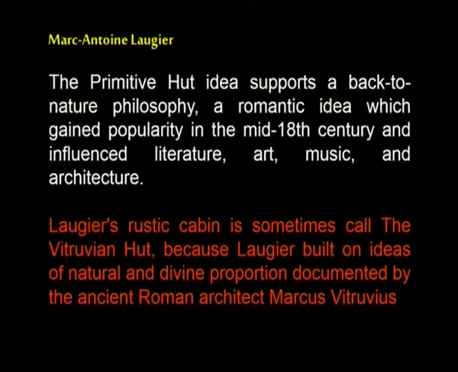We all know about Vitruvius because we saw in the previous lectures his famous trio of Utilitas, Firmitas and Venustas, and his principles are often derived from nature and divine proportions, which he has documented in his books. So Laugier's rustic cabin is also called the Vitruvian hut, based on that idea.